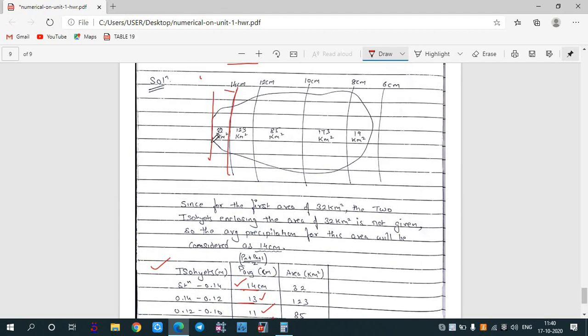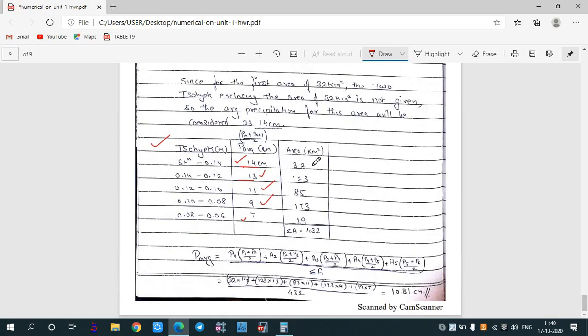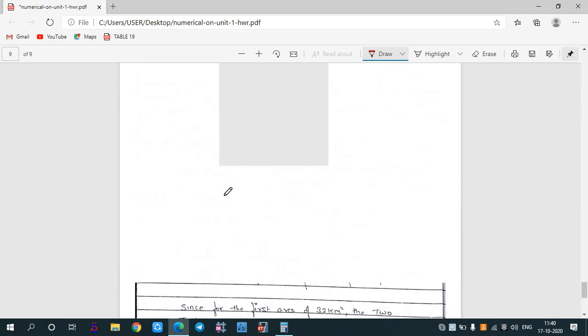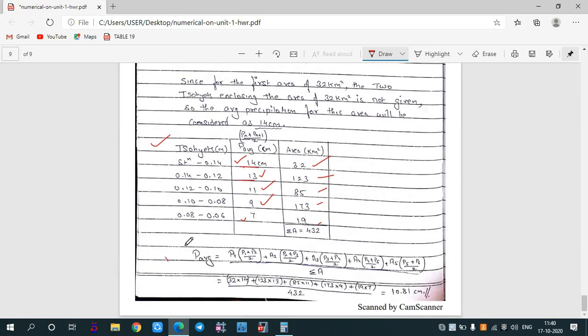So the area under this is 32, this is 123, this is 85, 173 and 19 kilometers square. So we have written all the areas. Now we'll use the formula for the isohyetal method, that is A1 into (P1 plus P2) by 2, and so on.